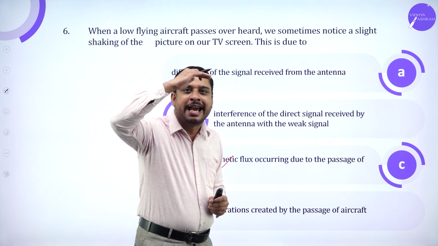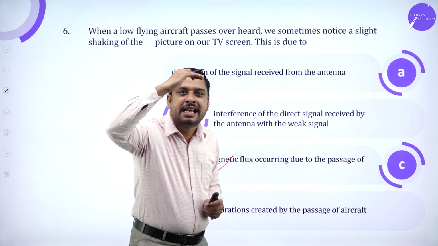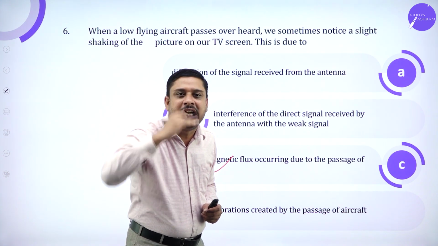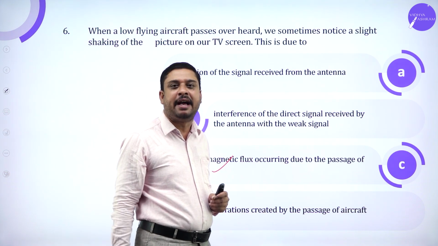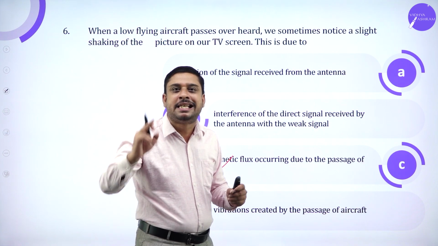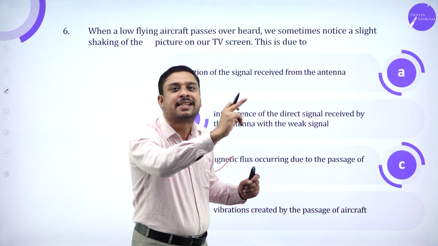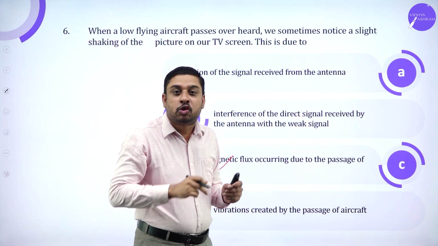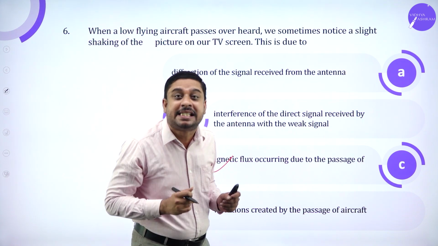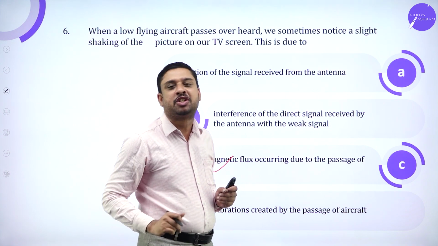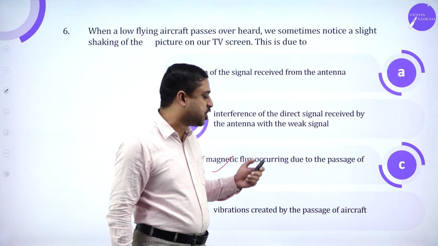So when the aircraft flies at a smaller altitude, at low height, it will change the magnetic flux surrounding it. So the electron beam in the TV screen is disturbed and the picture appears to be shaken.